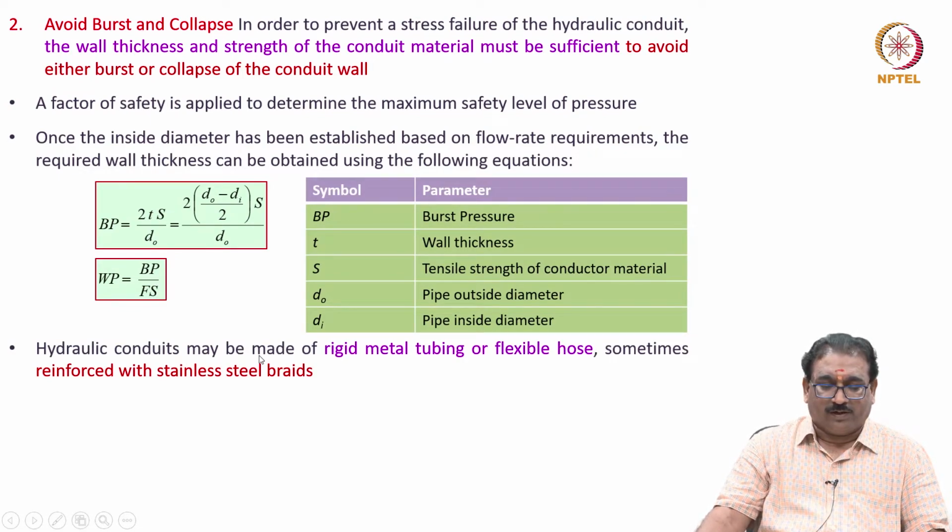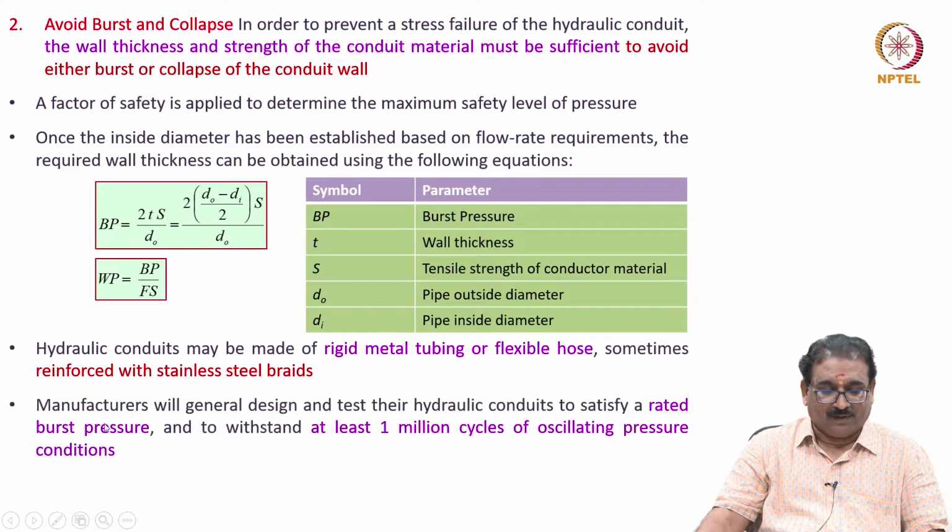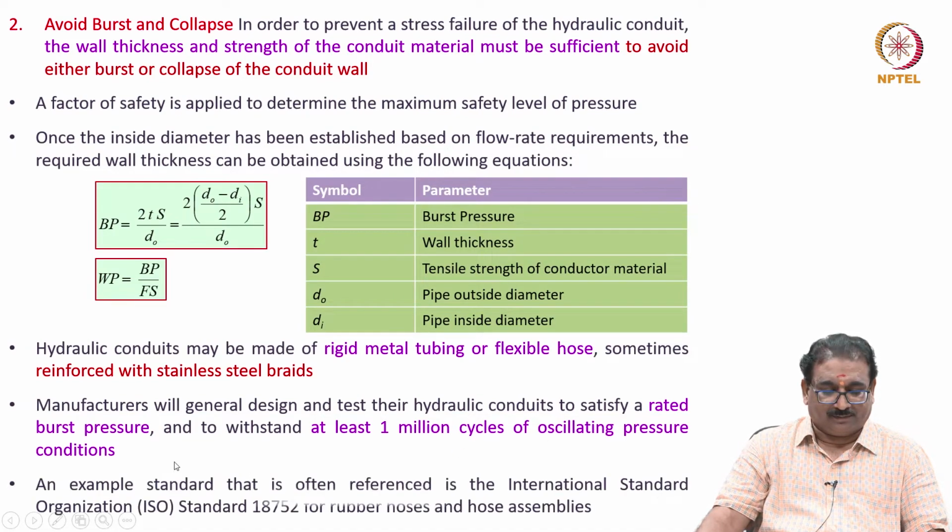Hydraulic conduits may be made of rigid metal tubing or a flexible hose, sometimes reinforced with stainless steel braces. Manufacturers will generally design and test their hydraulic conduits to satisfy a rated burst pressure and to withstand at least 1 million cycles of oscillating pressure conditions.